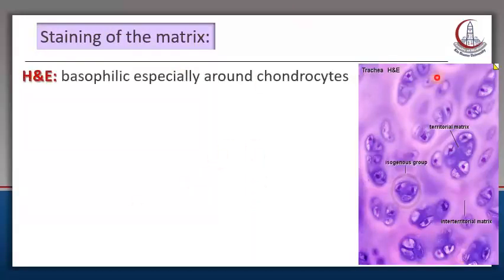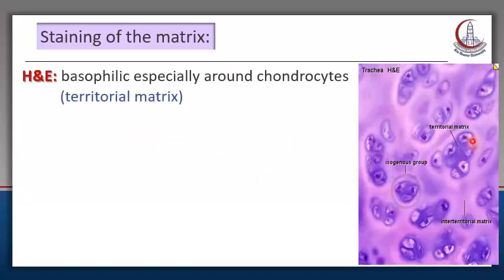Staining of the matrix of the cartilage. Because the cartilage contains chondroitin sulfate, it appears basophilic with hematoxylin and eosin. This chondroitin sulfate mainly accumulates around the chondrocyte lacuna, giving it more acidophilia, and we call it the territorial matrix.